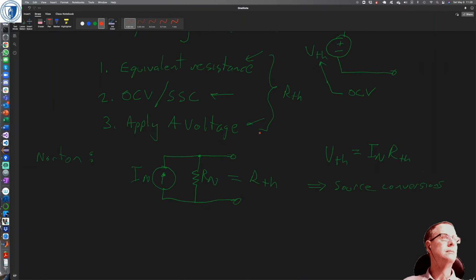Could you repeat the last part on source conversions, please? Sure. So the thing is, if I have a circuit like this, right, I can actually replace that piece with something like that.